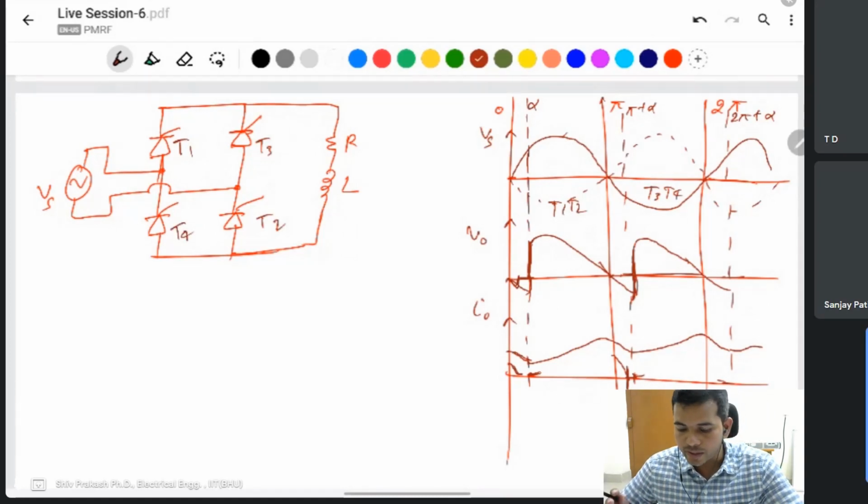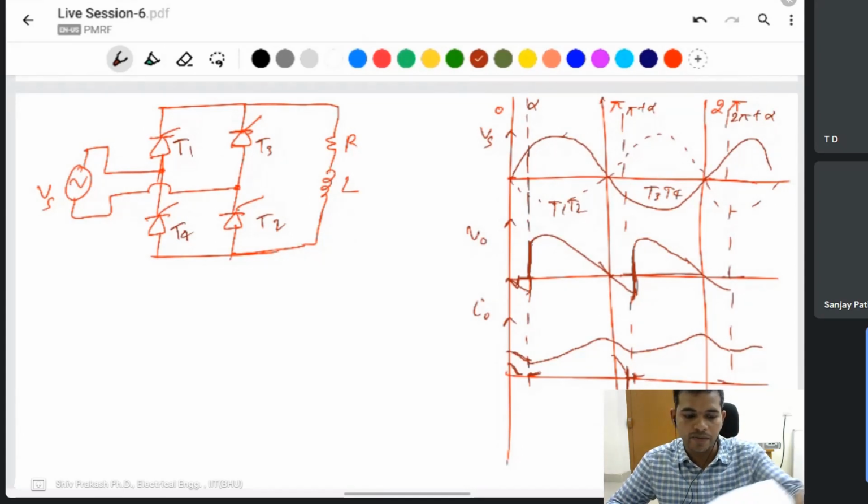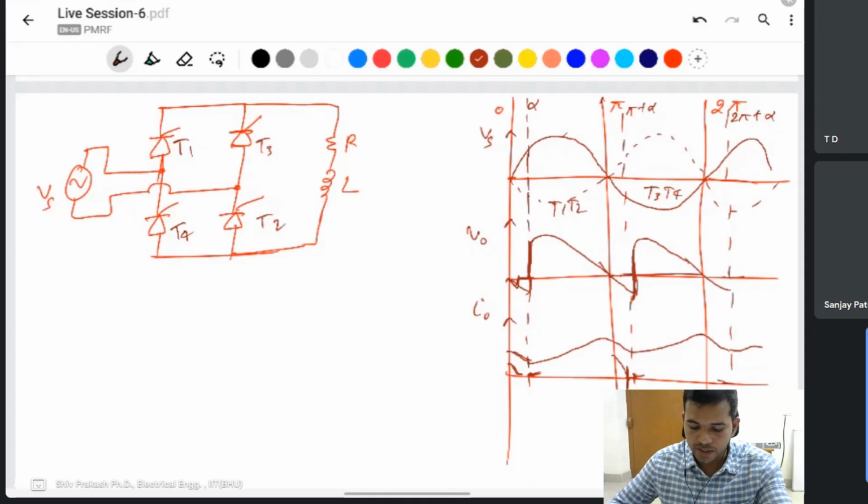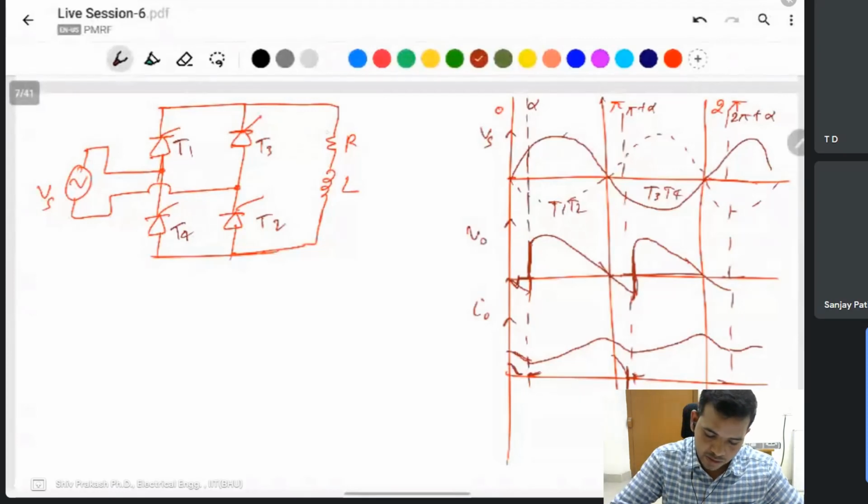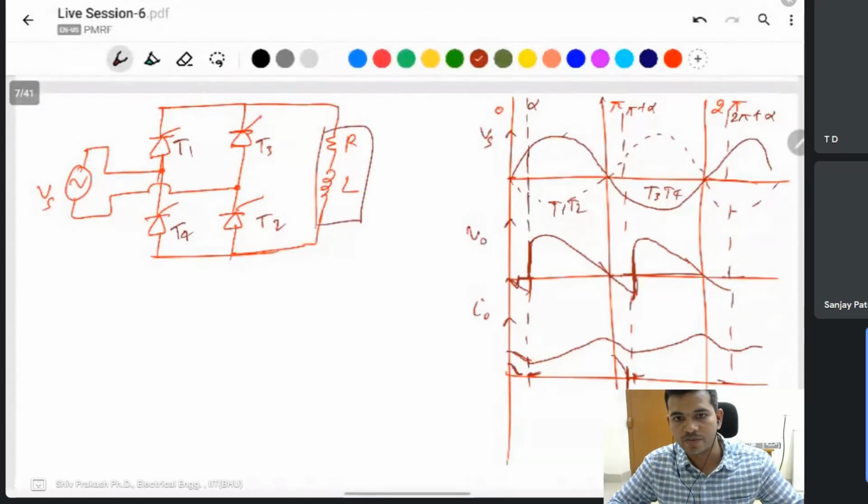It could be continuous or discontinuous, depending on the value of inductance. So if the inductance is high, if you use a highly inductive load, that could be a continuous conduction mode for output voltage and current. And if the inductance value is low, then it will be discontinuous also in an RL circuit with a thyristor present.